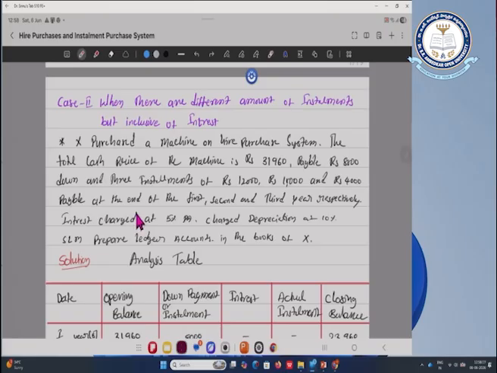These installments are payable at the end of the first, second and third year respectively. Interest charged is 5% only. The charge depreciation is 10%. That is the machine depreciation, again we have to calculate separately. Is it clear? So, the previous method and this method are the same, but the difference is only that there were equal installments, and in this problem different installments.